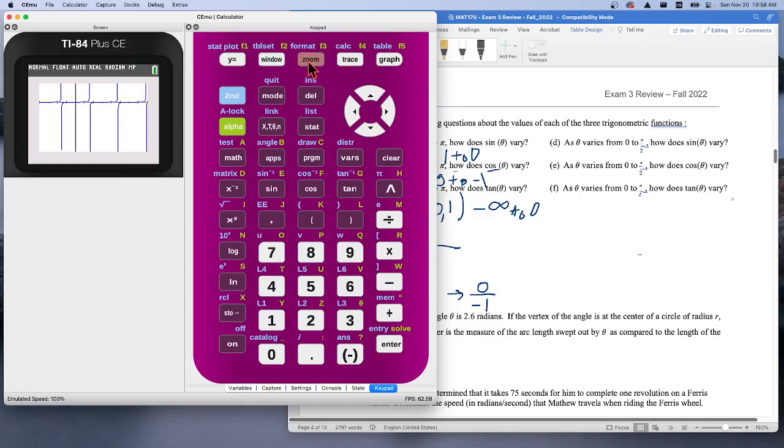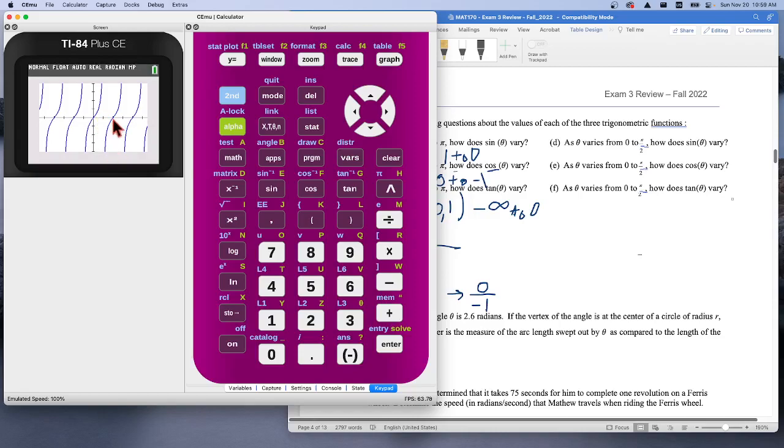So we're going to do what's called a zoom trig, number 7, so it fits the trig functions better. Here's 0, here's pi over 2, and this is pi right here. These markers are going to help.